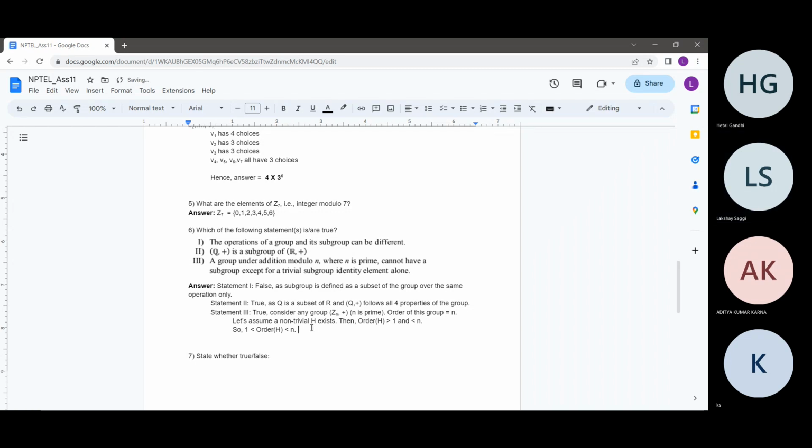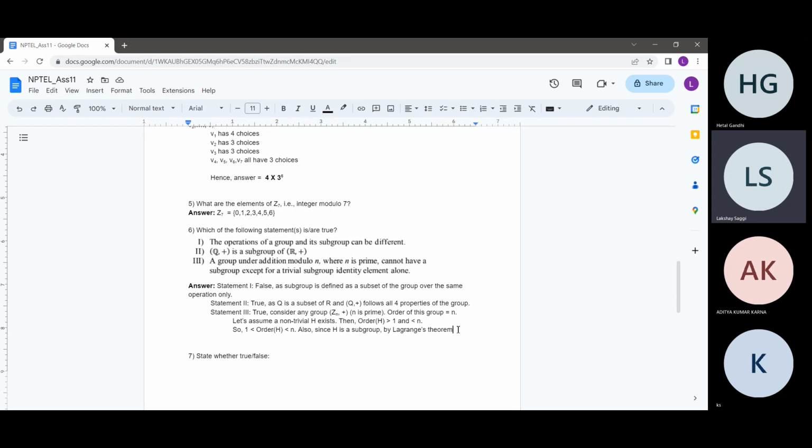And also, since H is a subgroup, by Lagrange theorem, so Lagrange theorem is a very important theorem, guys. Keep that in mind. It is very useful in a lot of proofs. So what does Lagrange theorem say? That for a subgroup to exist, its order must divide the actual group's order, right?